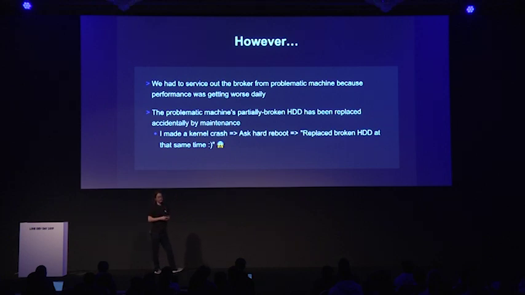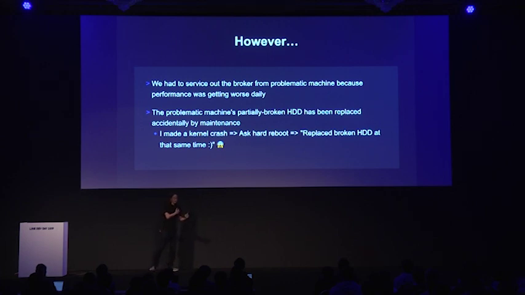After we serviced it out, I continued with further experiment on that machine. However, my script at one point crashed the kernel, so I asked the infrastructure team for a hard reboot. And one of those times, they returned with a hard reboot, and they said, the disk was broken, so I replaced it. That startled me.